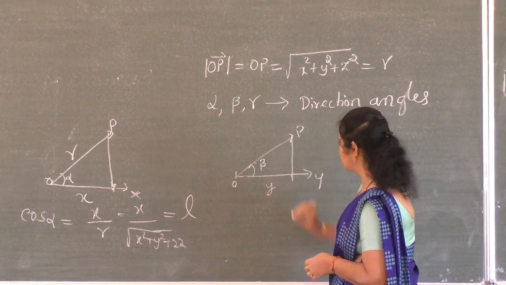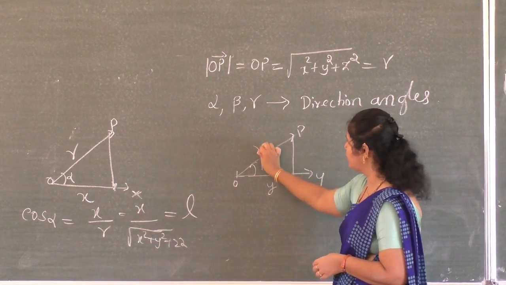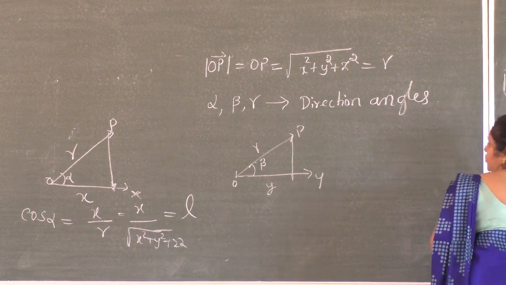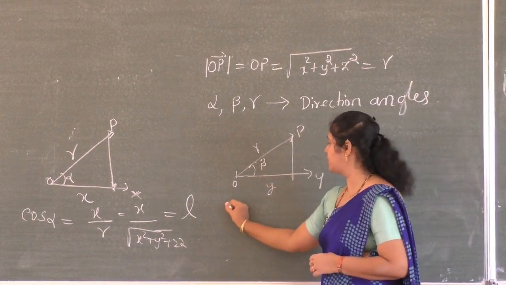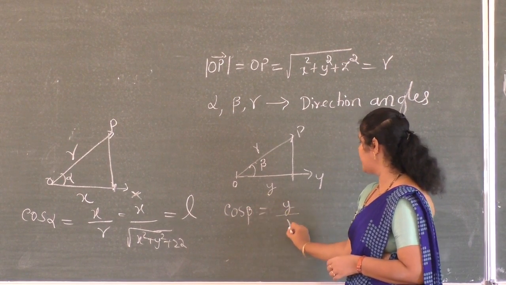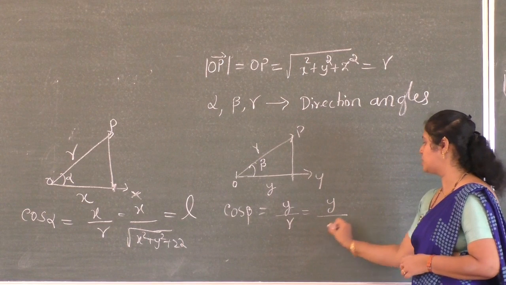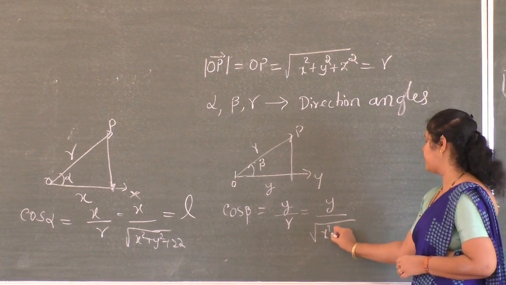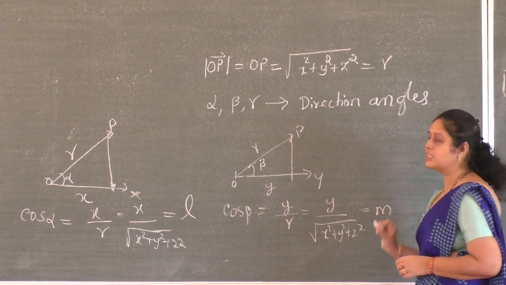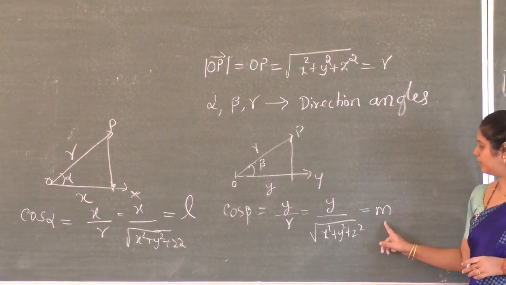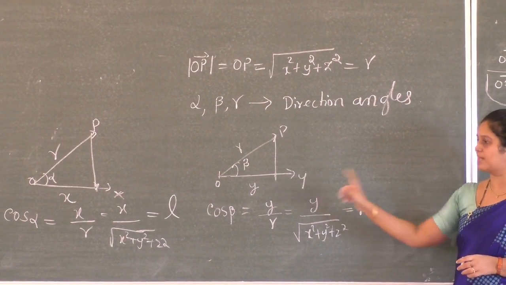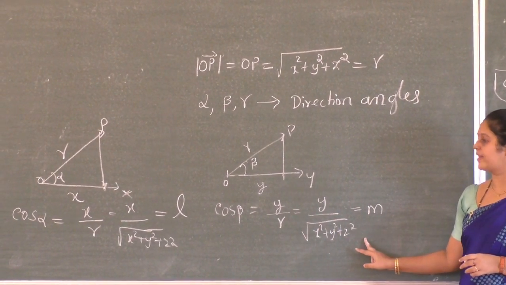Now draw one perpendicular, and the hypotenuse is equal to r. Defining cos beta: cos beta is equal to y by r, or y by square root of x square plus y square plus z square. This is equal to m. So cos beta is equal to m, cos alpha is equal to l. That is called direction cosines.